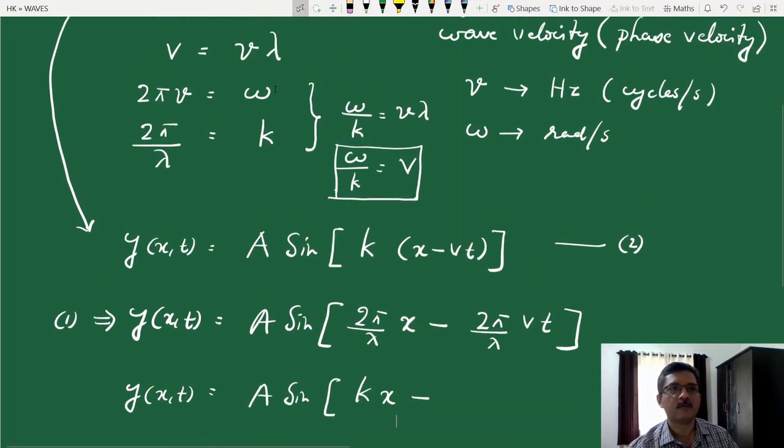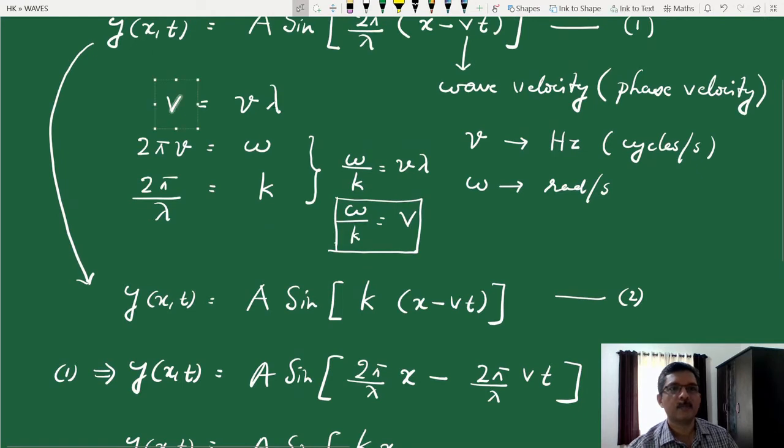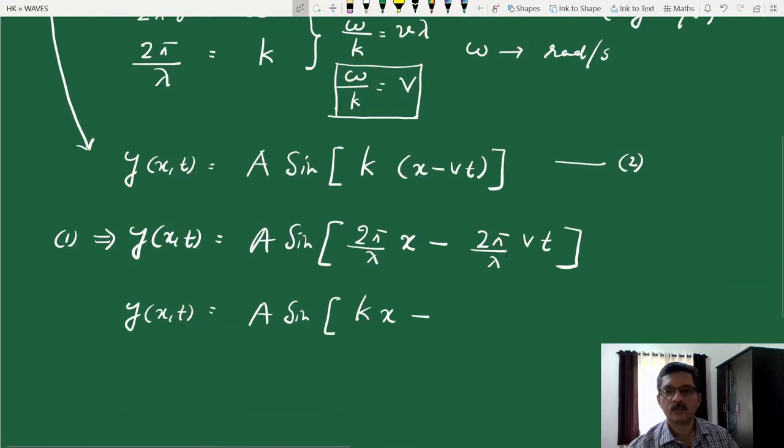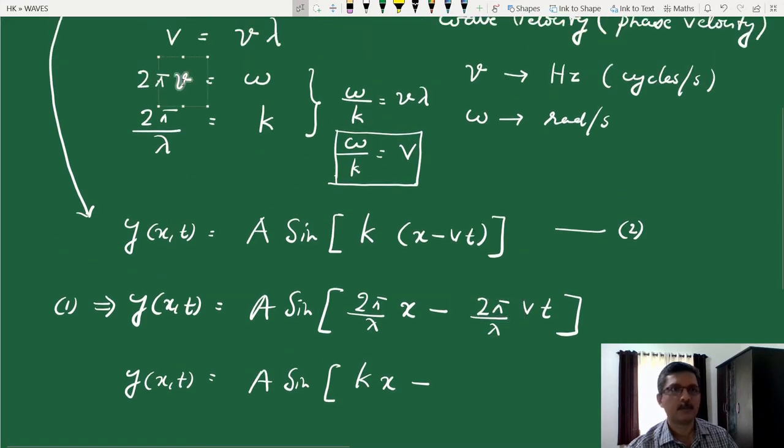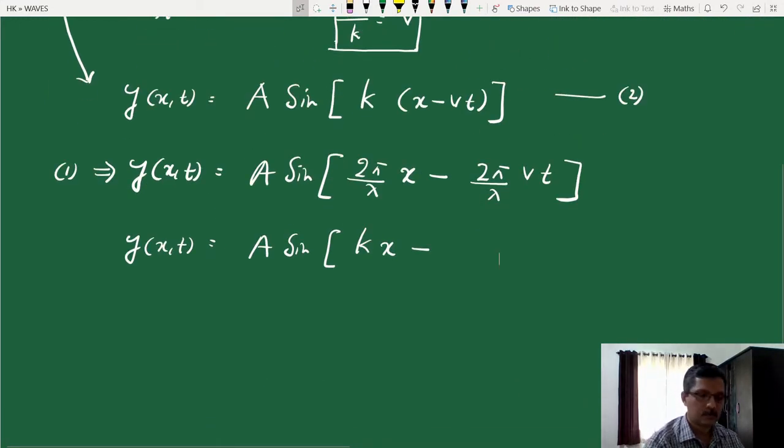V by lambda is frequency. So here we get 2 pi by lambda into v by lambda, which is frequency, we get 2 pi nu. Now what is 2 pi nu? 2 pi nu is omega, angular frequency. So the second term will be omega t, equation 3.